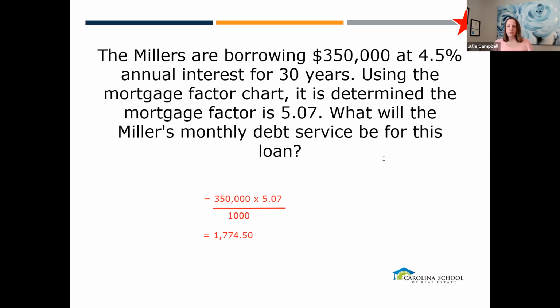Questions on finding the monthly principal and interest? If it doesn't give you the factor, it has to give you the rate, also known as the interest rate, and the term.